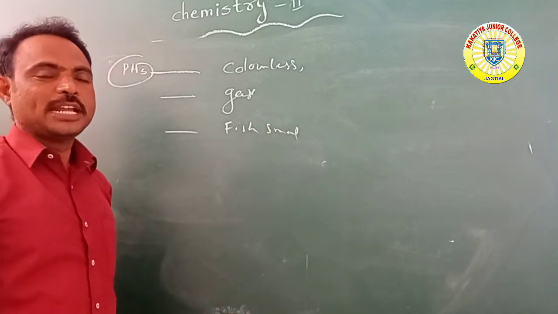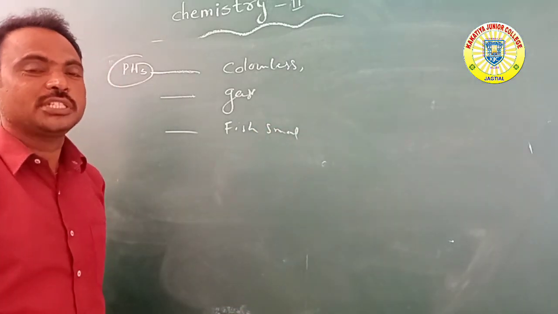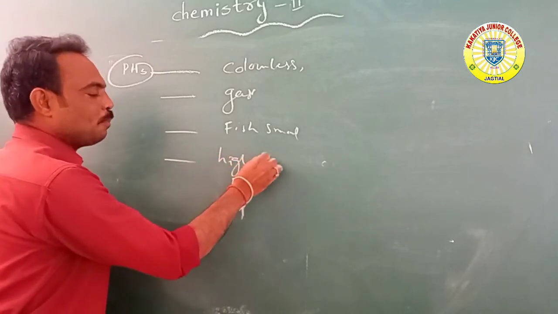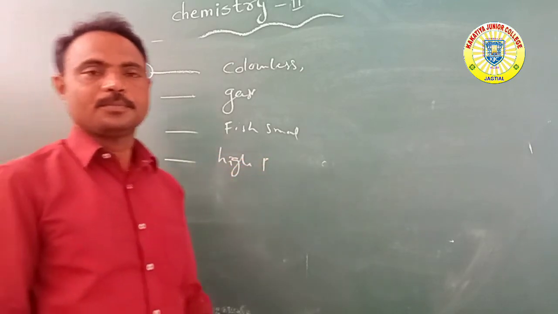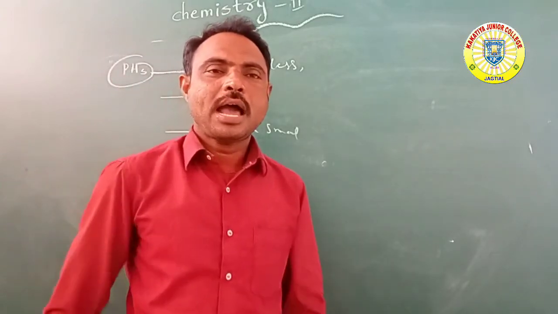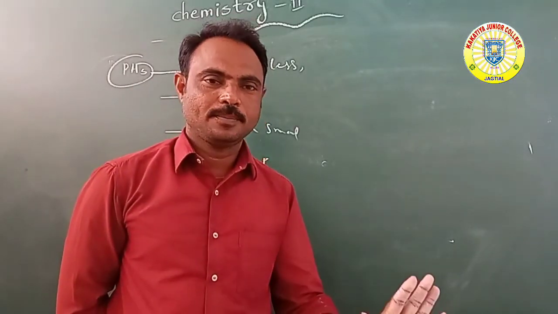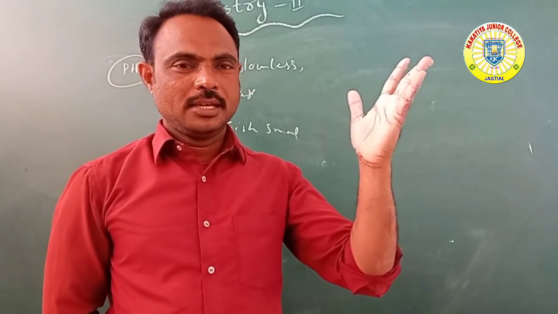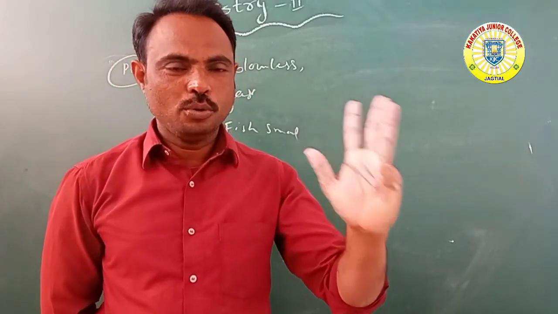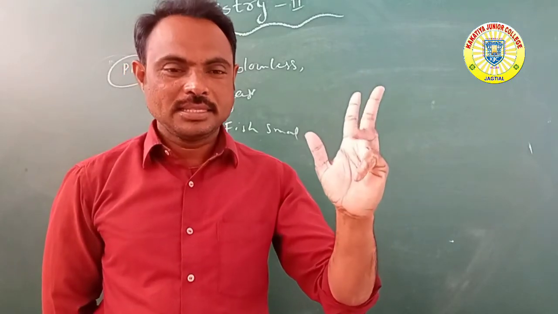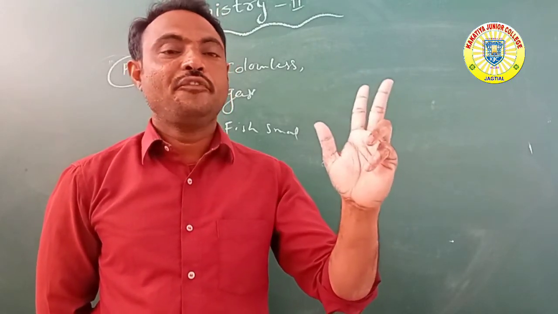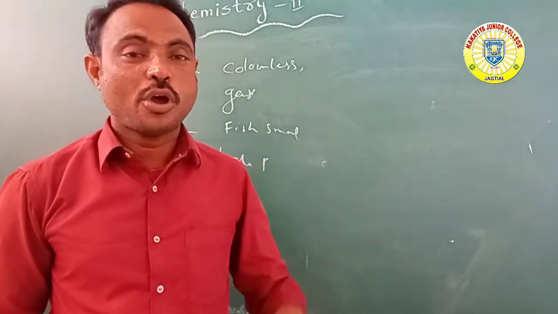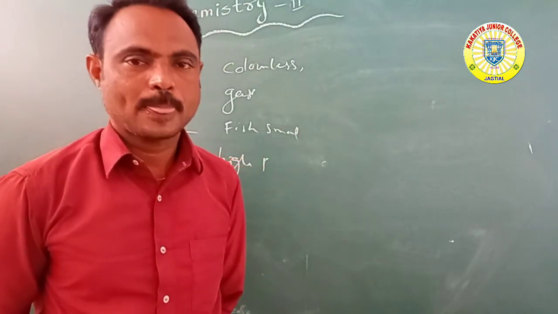Okay, so phosphine contains which smell? Fish smell. At the same time, it is a highly poisonous gas. So overall it is a gaseous compound, colorless, with a fish smell, and it is a poisonous gas.